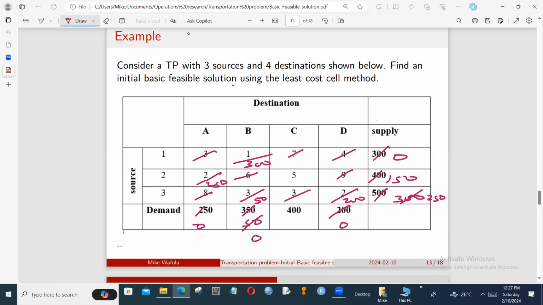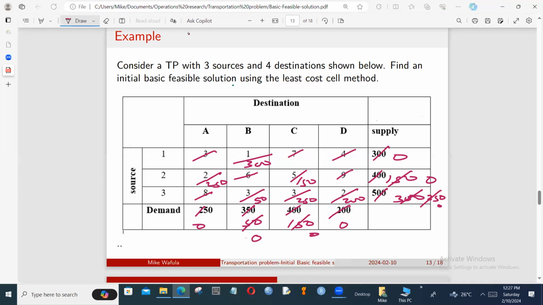Now, when I come here, which is 3, I'll be assigning 250 here so that I'm able to deplete. And now the destination C will still be remaining 150. So that this is now done. So that can also be an approach.